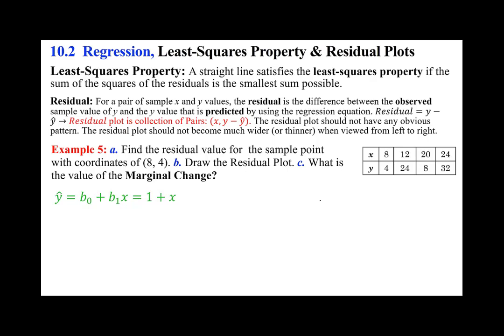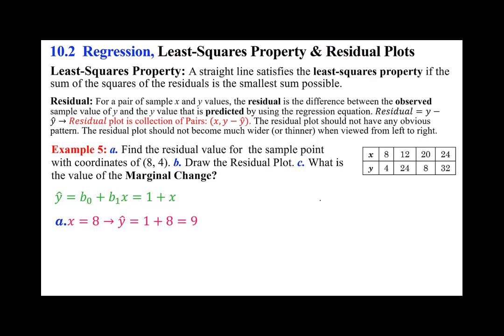We want to draw the residual plot and find the marginal change. Given the table and given the equation y hat is 1 plus x, when x is 8, part A, we plug in and y hat becomes 1 plus 8, which is 9.